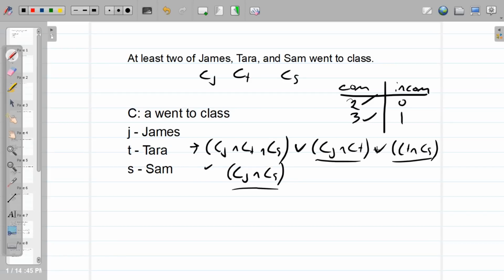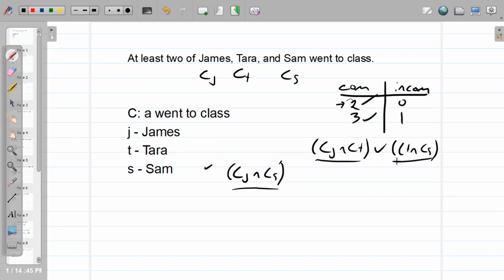Then at least one of these is going to be true, actually all of them are. So by capturing the situation where we have at least 2, we've also captured the case where all 3 went. So you could just leave this out. So there.